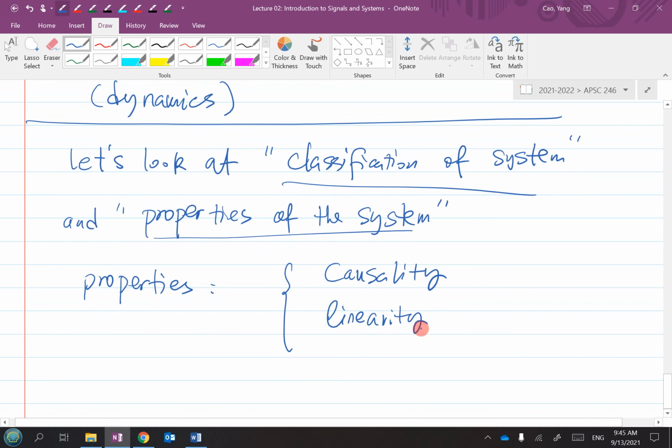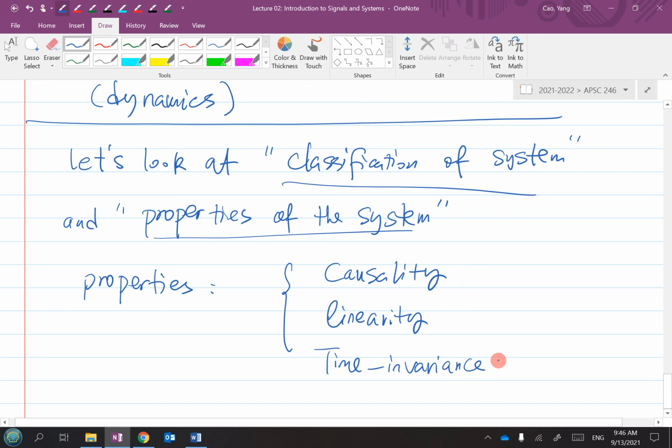And the third one is to look at time invariance, or time variance, actually. So what is causality, what is linearity, and what is time invariance?